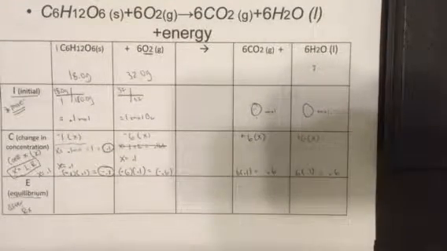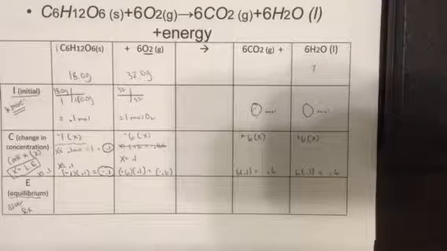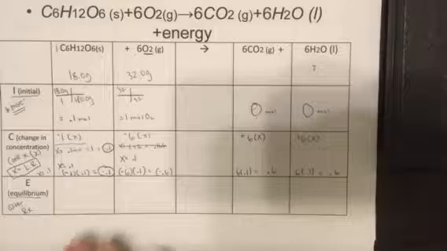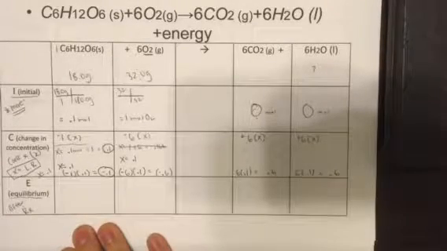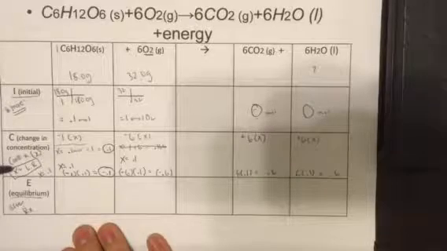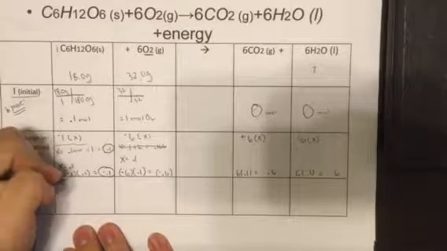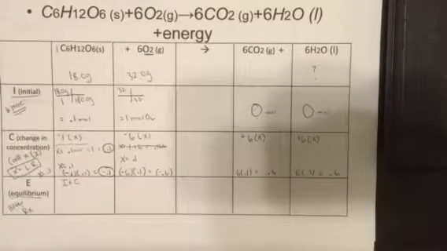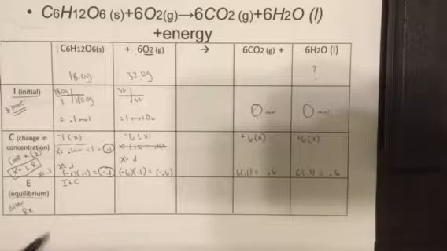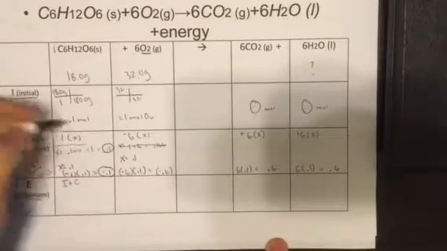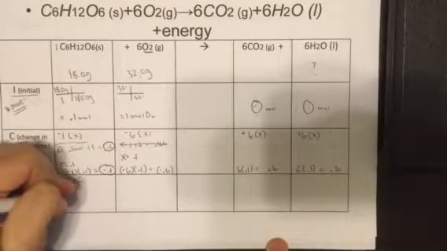The equilibrium. So after the reaction, what happens? Well, you find this by adding the first two columns. So you're going to add this one plus this one, so this is just I plus C. And it's going to give you the equilibrium. So how much of it do you have after the reaction? So let's see. Initially I had 0.1 mole, right?